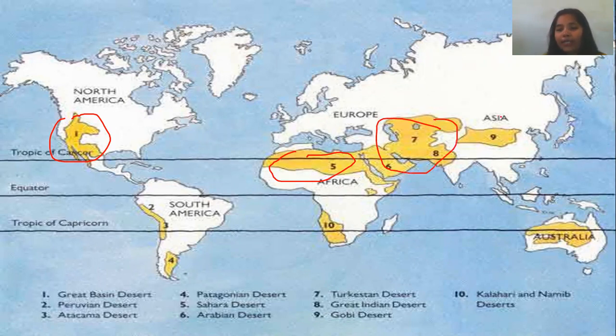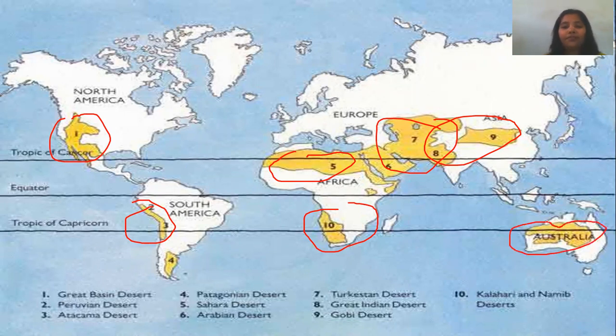These hot deserts are found between 15 to 30 degrees north and south of the equator, and they lie near the Tropic of Cancer and the Tropic of Capricorn, right students? Here in the map you can see, fine? So let's move ahead.